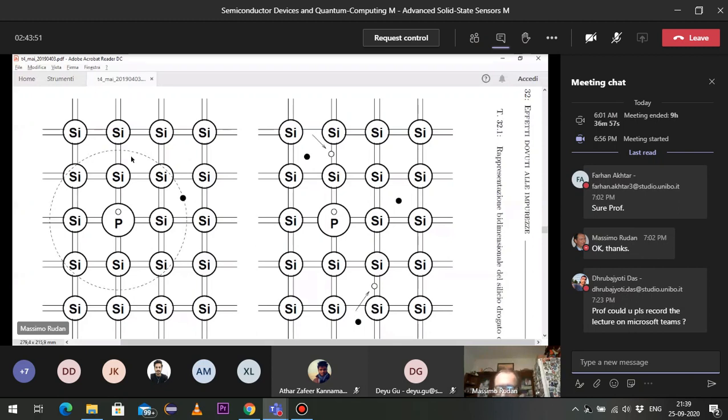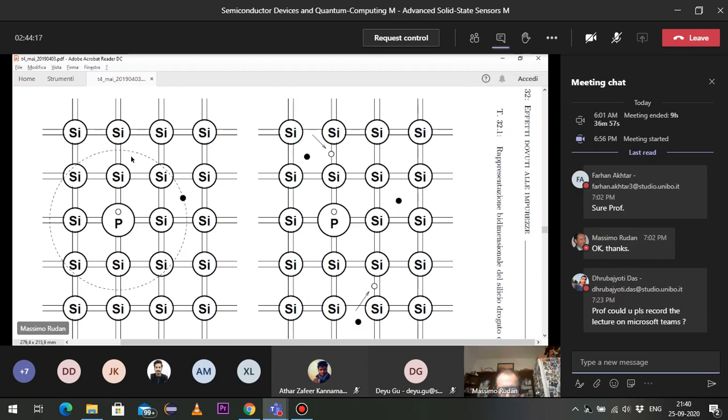And in this case, we start with the figure that represents the situation in space. And we take the example of an impurity belonging to the 5th column of the periodic table of elements, typically phosphorus.